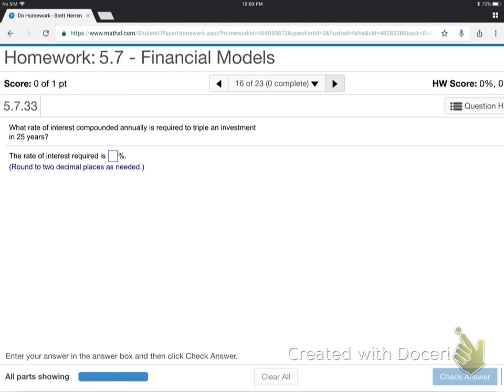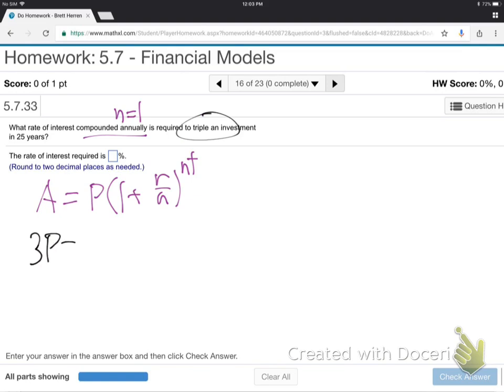Which of the two formulas are we going to use, the first one or the PERT? Compounded annually, that's n equals 1. First formula, PERT's only for continuous. So triple, the amount is 3P, right?